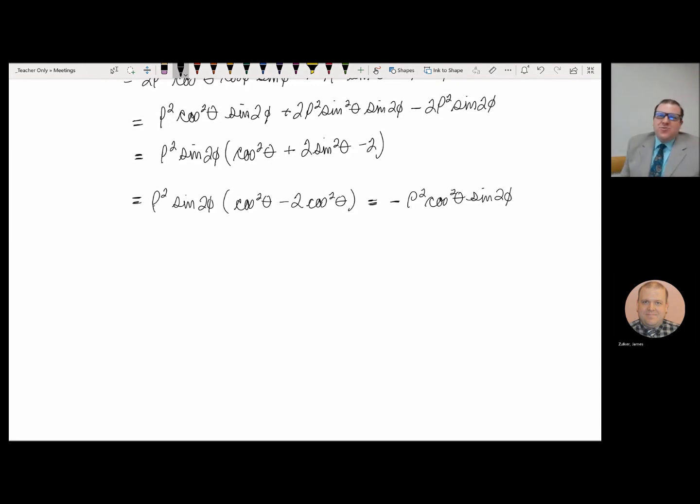If I really wanted to, I could try and rewrite cosine squared, but no matter how I decide to do it, I'm gonna get an extra term out of it, which isn't simpler than what we have. So I'm just gonna say, there we go. Negative rho squared cosine squared theta sine of 2 phi.